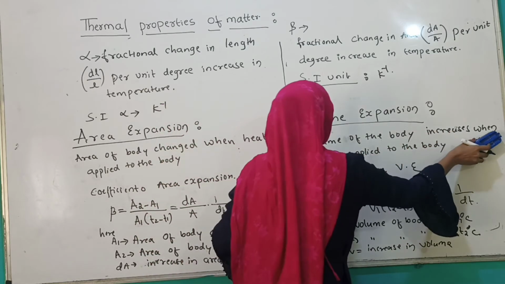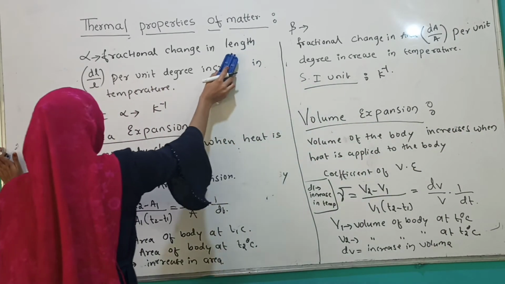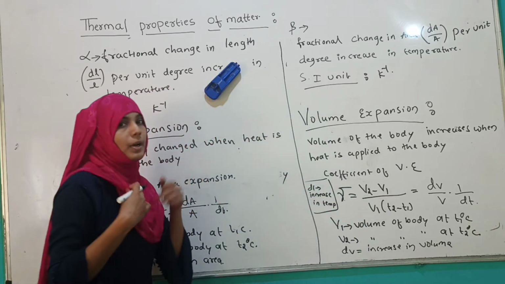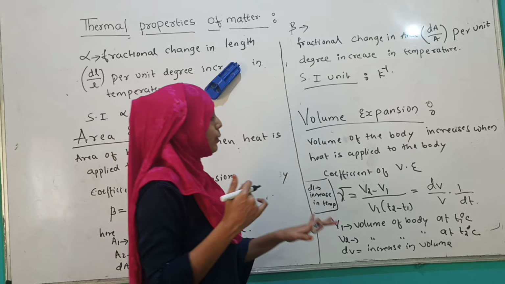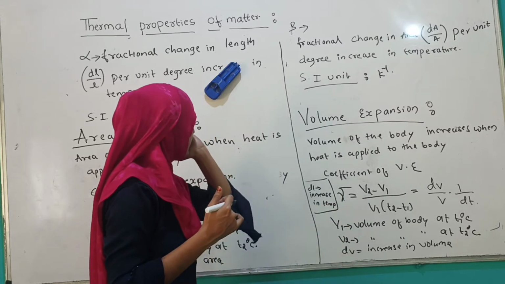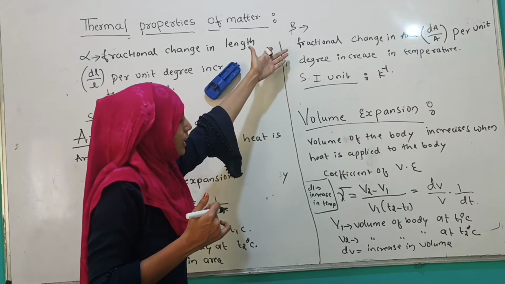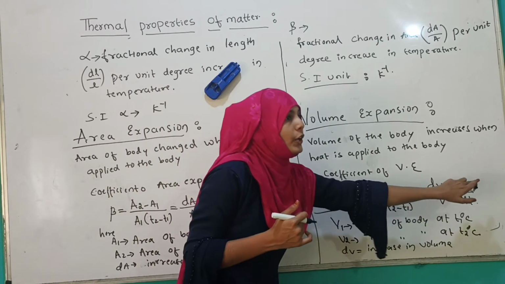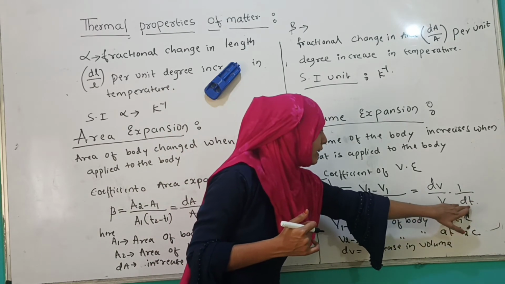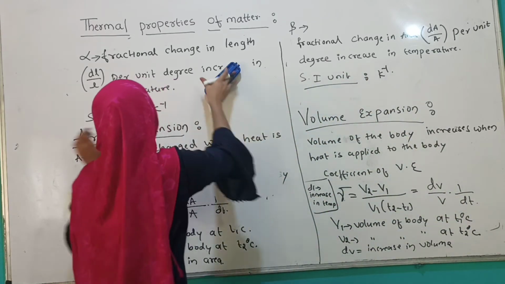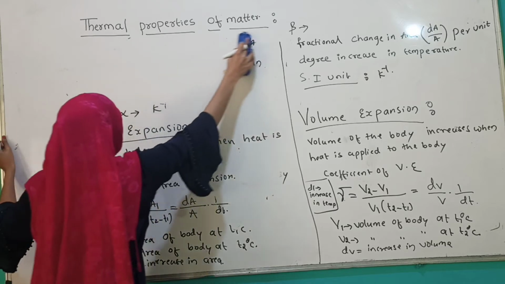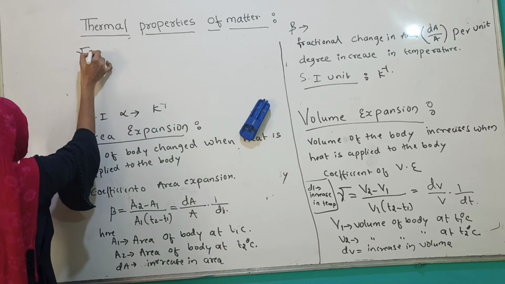Increasing temperature. And how do we define this gamma, or coefficient of volume expansion? It is the fractional change in the volume per unit degree increase in temperature. What is gamma?